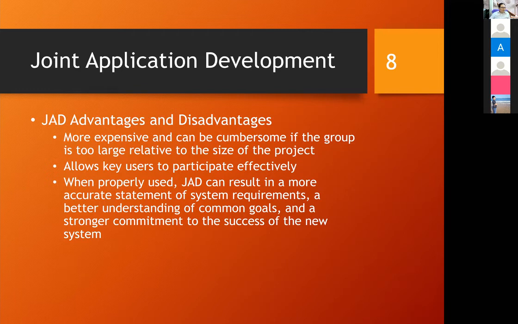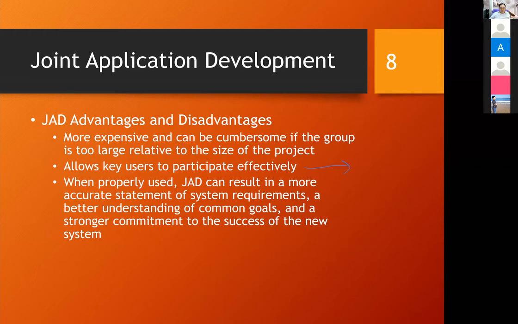The next one: allows key users to participate effectively. It means that in some projects, if you do not use joint application development, the key users might just come, talk, and attend the meeting. But if you use JAD, the key users will have to participate full time, so they participate effectively.